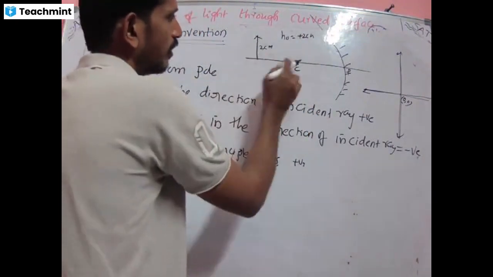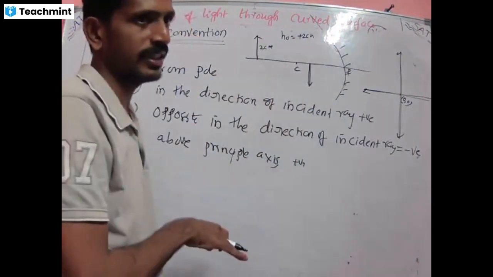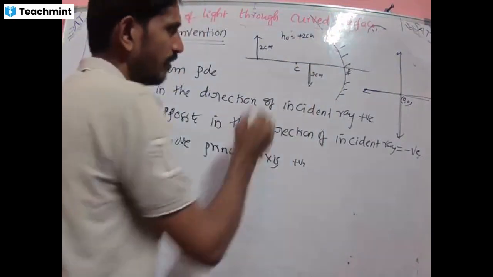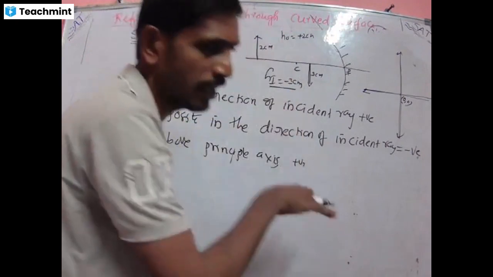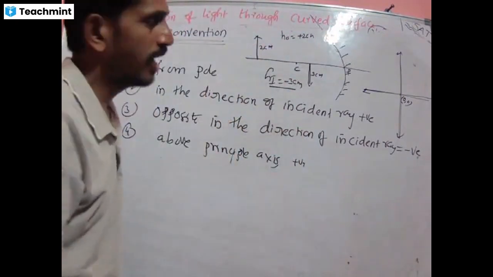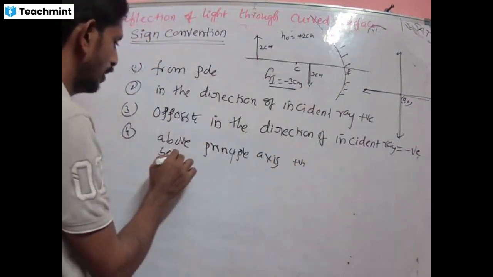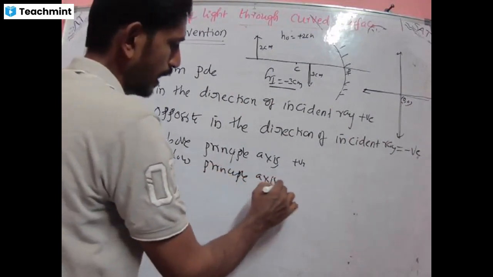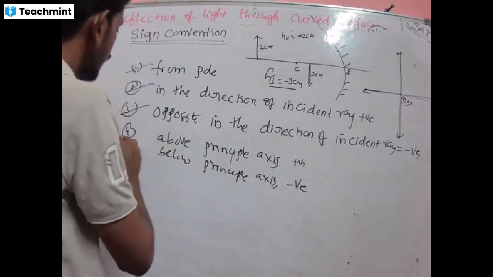Because of this object, we get the image here, below the principal axis. For example, if the height of the image is 3 centimeters, we should take hi equal to minus 3 centimeters, because it is below the principal axis. Above the principal axis is positive. Below the principal axis is negative.